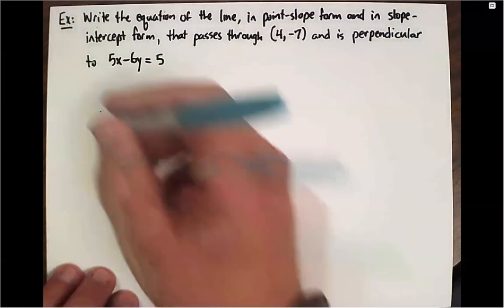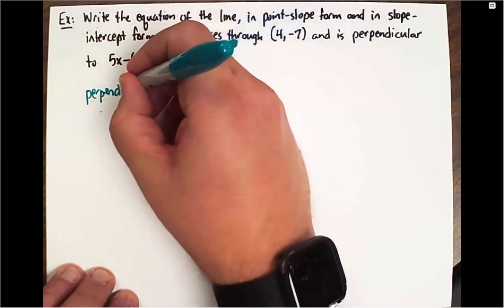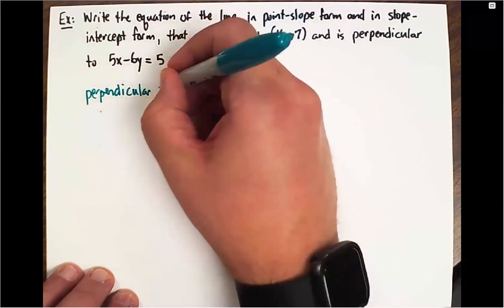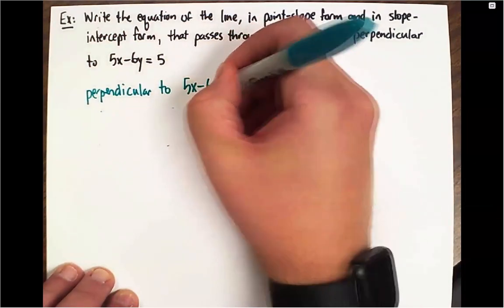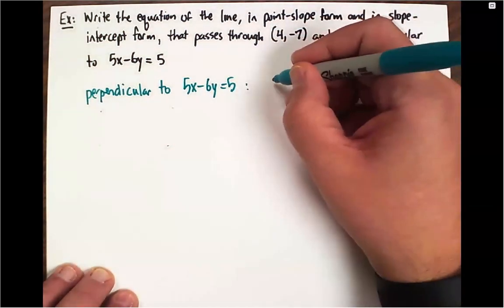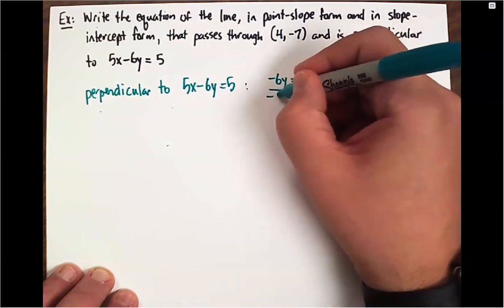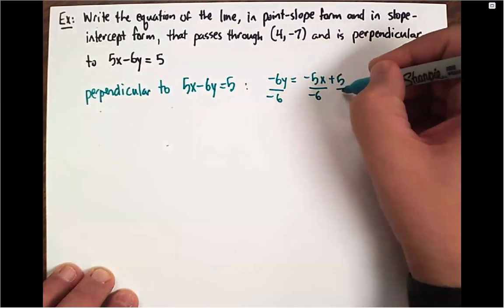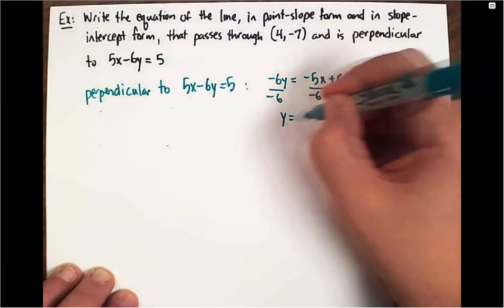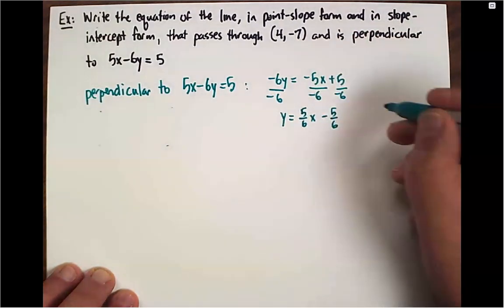So this time my original line is not in slope intercept form, but I need the slope. So if I solve this equation for y, I get y equals 5 over 6x minus 5 over 6.